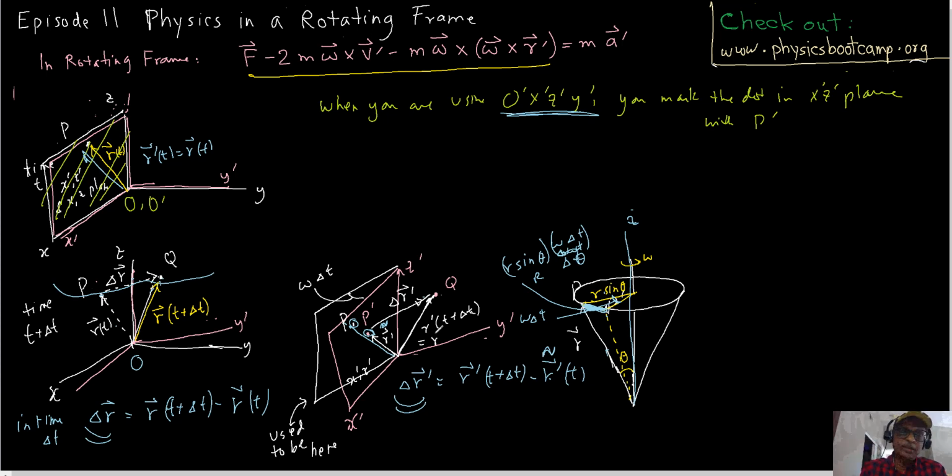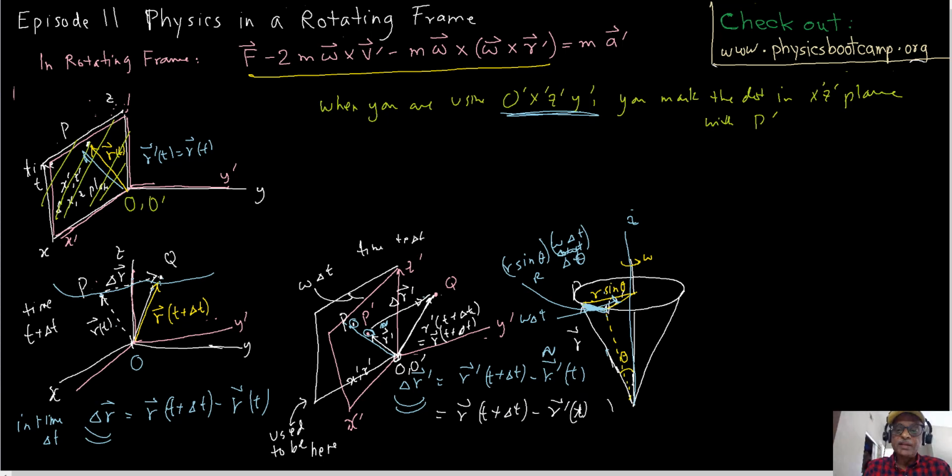This is at time t plus delta t, so the position vector at any instant in the two frames will be the same, because I'm using the same O, and O prime is the same. But when you're comparing two different things, it will be different. So let me use this fact. This will be r of t plus delta t, and then r prime of t, and this will be the p prime vector.